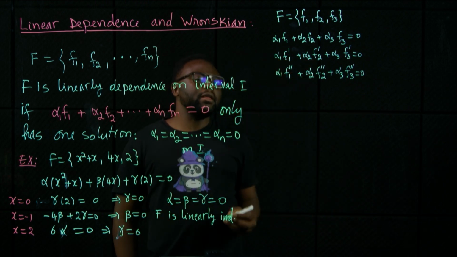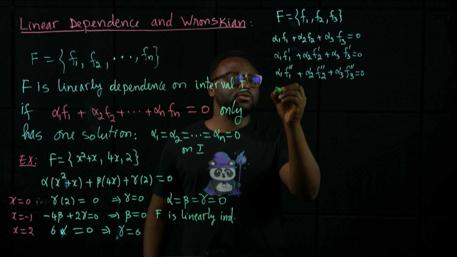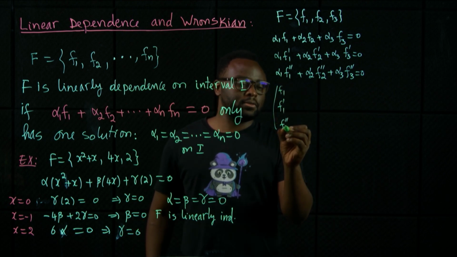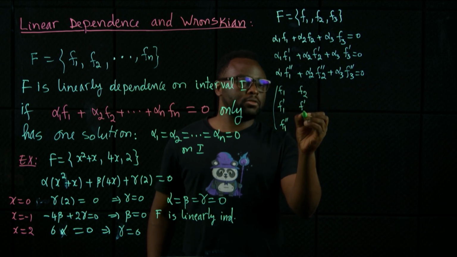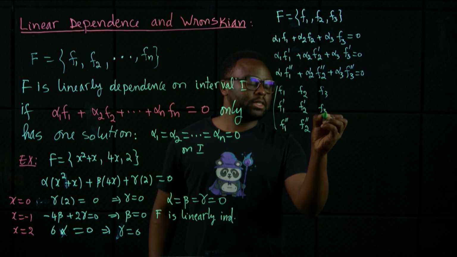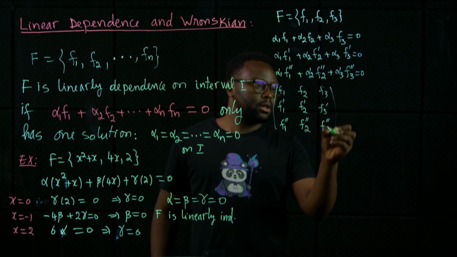So this is what we obtain, and the matrix form of this equation is the following. This is f1, first derivative of f1, second derivative of f1, f2, first derivative and second derivative of f2, f3, first derivative and second derivative of f3.